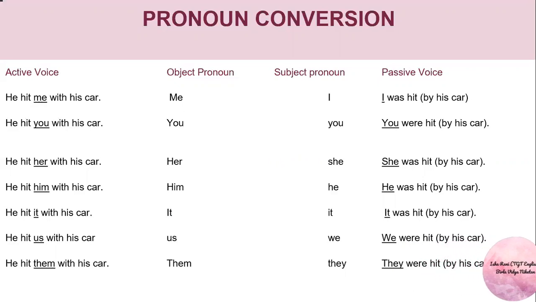And I was hit by his car. I is your subject pronoun in the passive voice. So, you see how your pronouns change from active to passive. Me becomes I, you remains the same, her becomes she, him becomes he, it again remains the same, us becomes we, them becomes they.